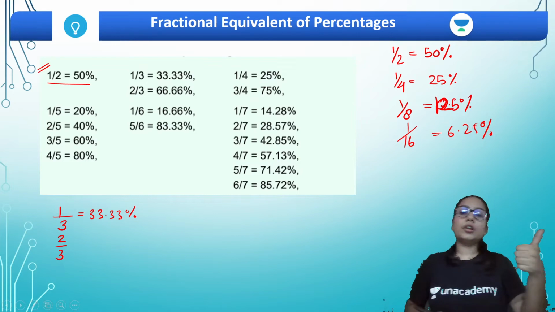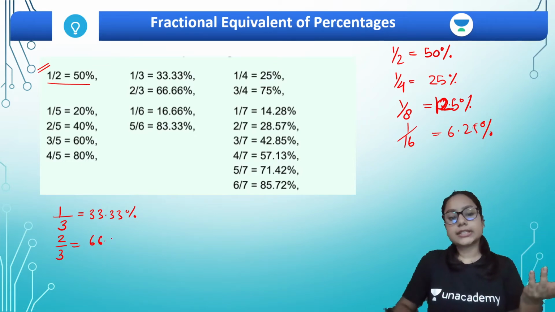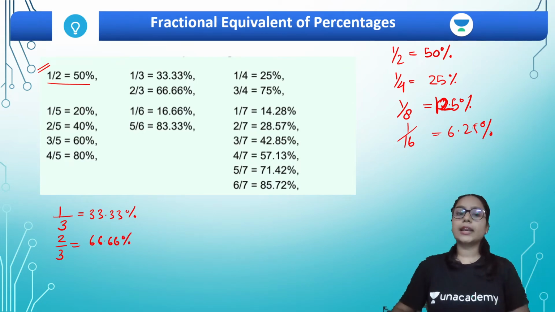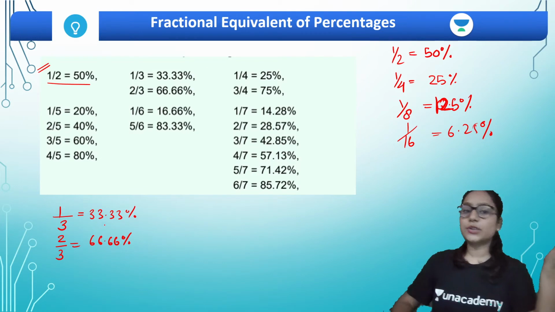You just have to learn one value, and then 2 by 3 will be double of this, which is 66.66. Easy. Now 3 by 3 is 1 only, 100%, so no need to learn that.